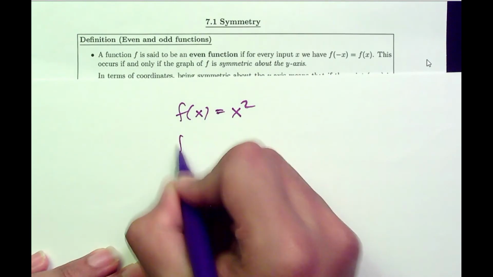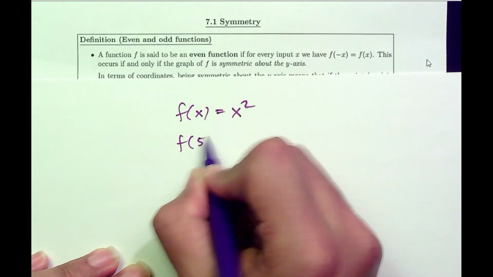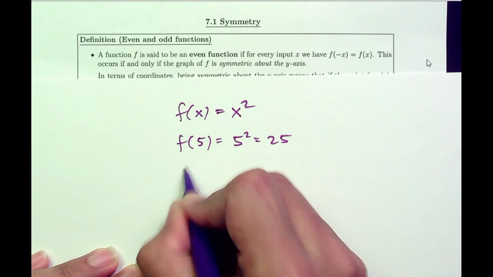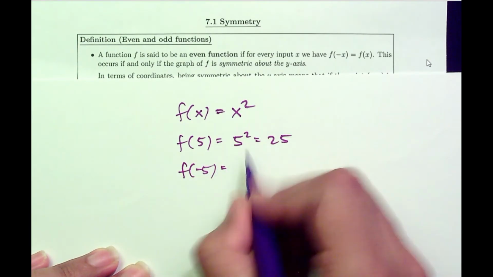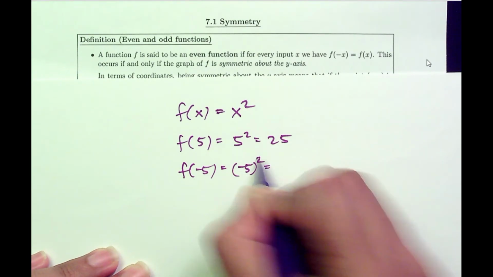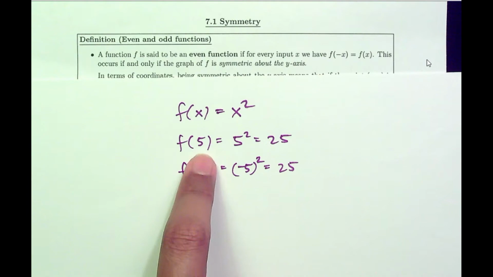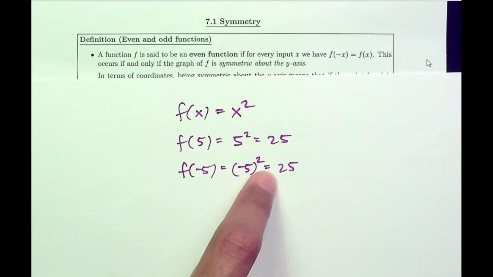Because if you plug in 5, you get +25, and if you plug in -5, you also get +25. So plugging in -5 in the squaring function is exactly the same thing as plugging in 5. The output is exactly the same.